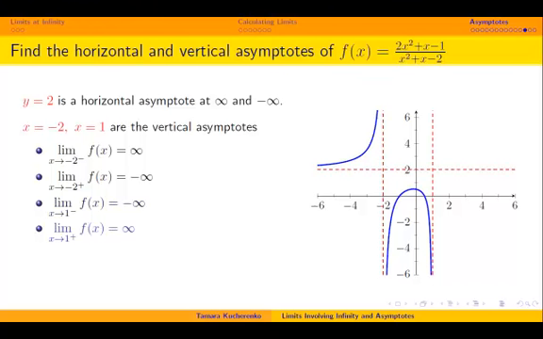The limit of f as x approaches 1 from the right is positive infinity. So the graph should start at infinity on the right of the line x equals 1 and then approach the horizontal asymptote y equals 2.